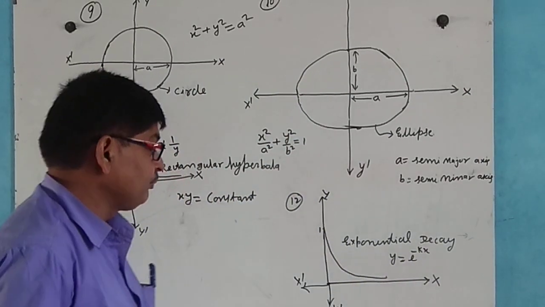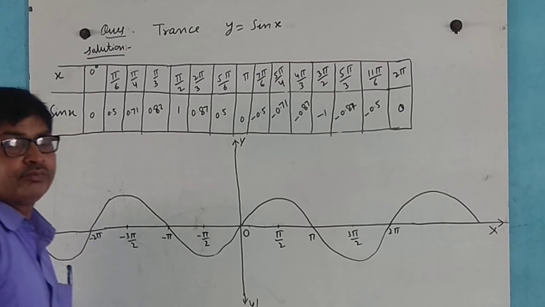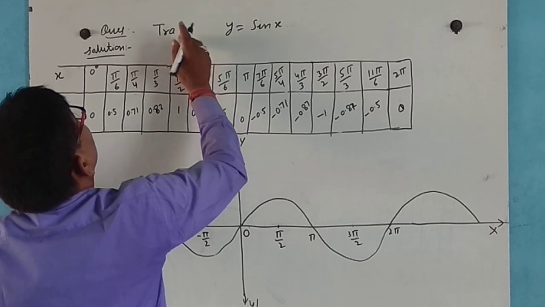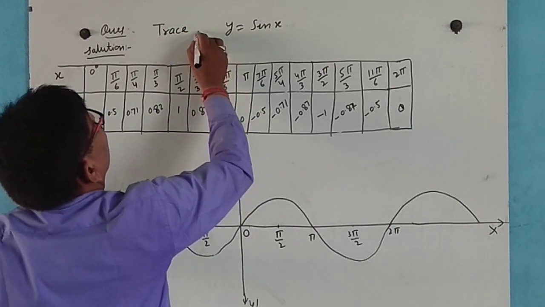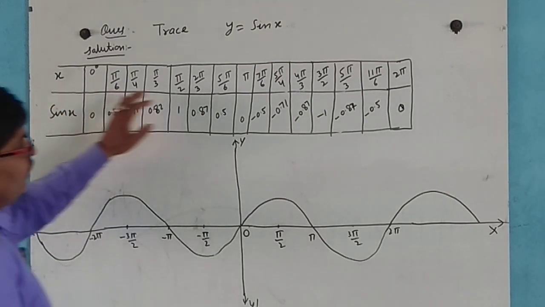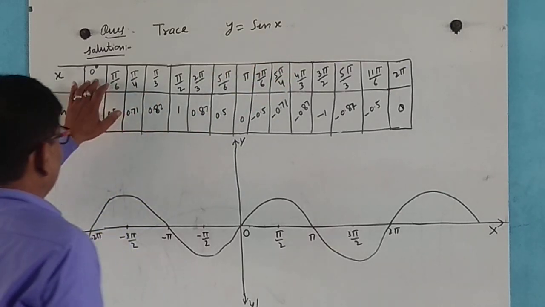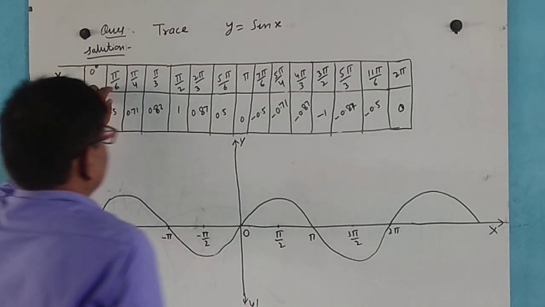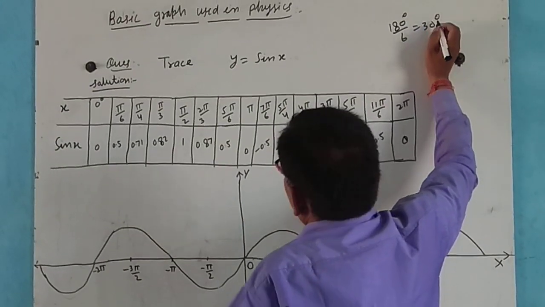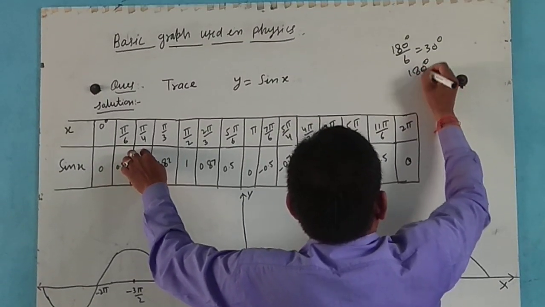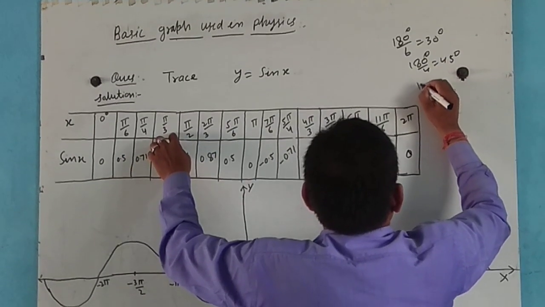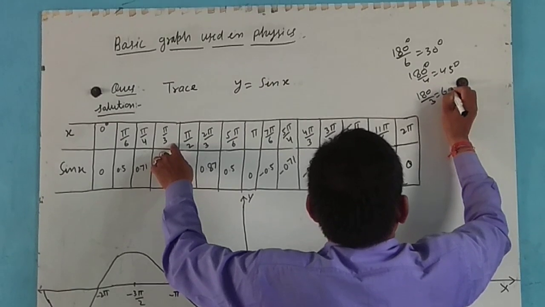Now here we trace y equal to sin x. For the sine function, we take the values of x: 0, pi by 6, which means pi का मतलब 180 degree divided by 6 is 30 degree. Pi by 4 is 180 degree divided by 4, 45 degree. Pi by 3 is 180 by 3 equal to 60 degree.